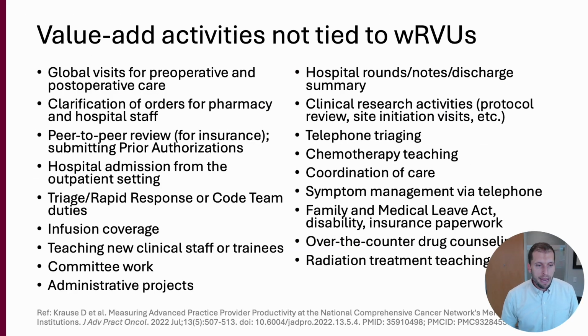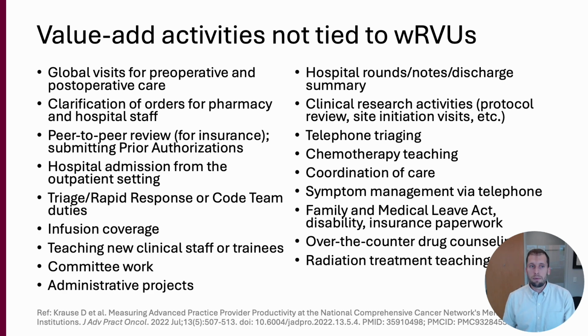So this is from a really interesting paper that looked at advanced practice providers specifically in an oncology setting. But I think a lot of the takeaways apply across different scenarios and across practice areas. So think about the value-add activities that are not tied to any WRVUs. And here's a list here.